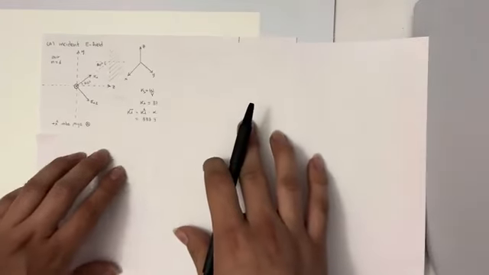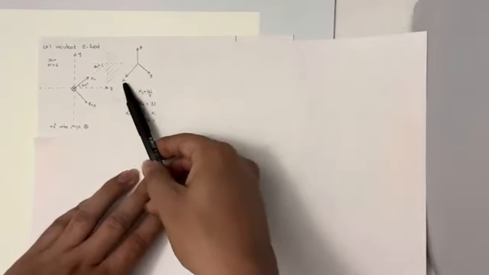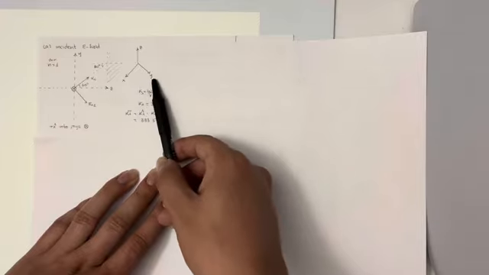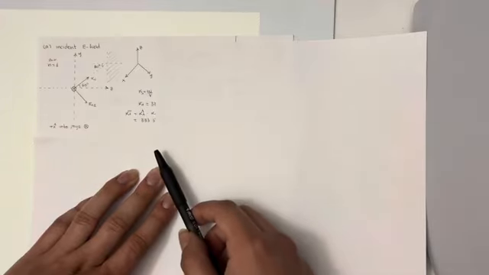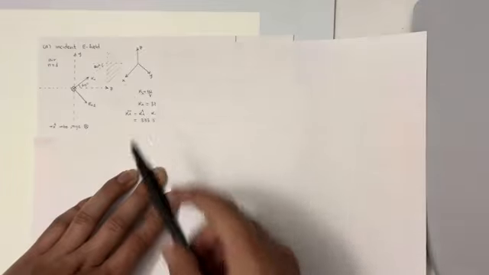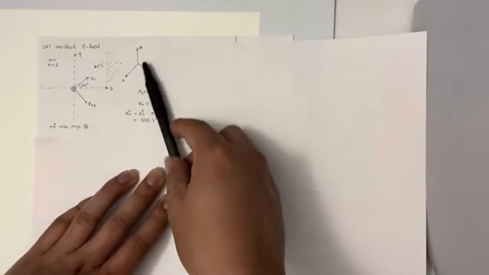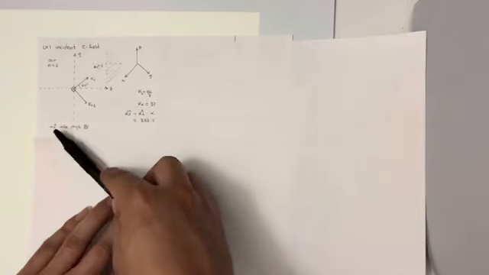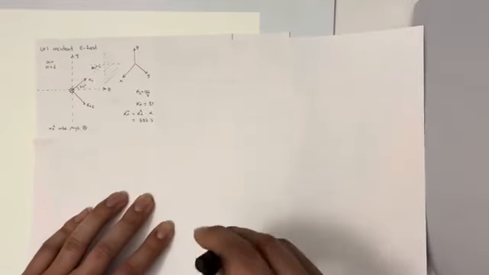Based on this, X cross Y is equal to Z hat, or we can think of it as Y cross Z is equal to X hat. And so knowing this, we know that positive X is going into the page.